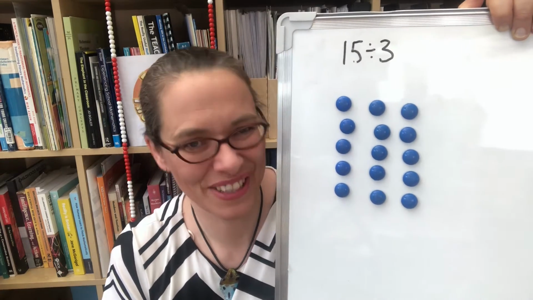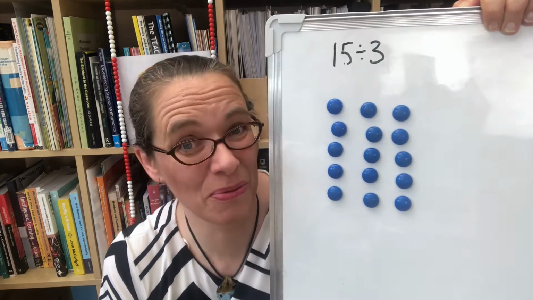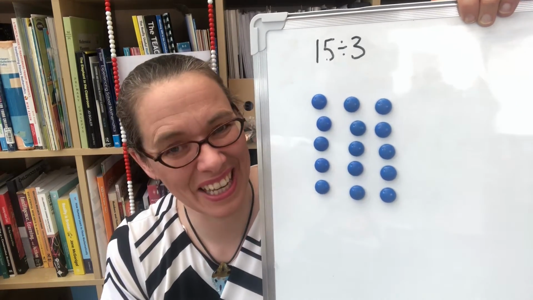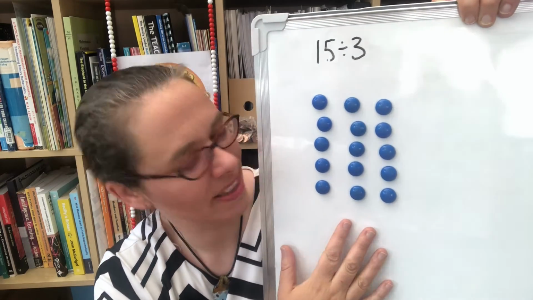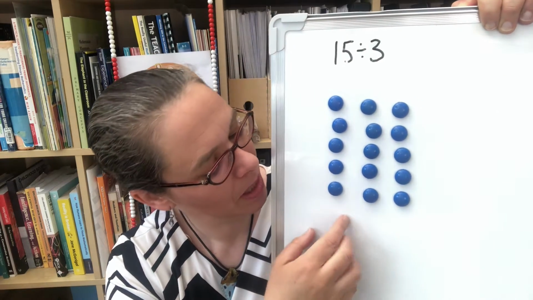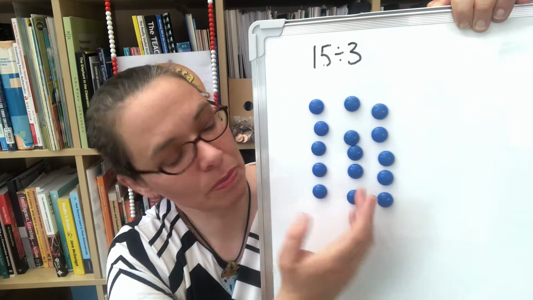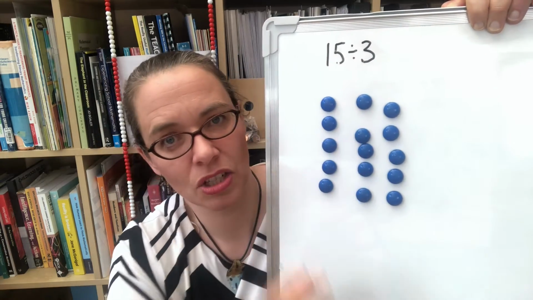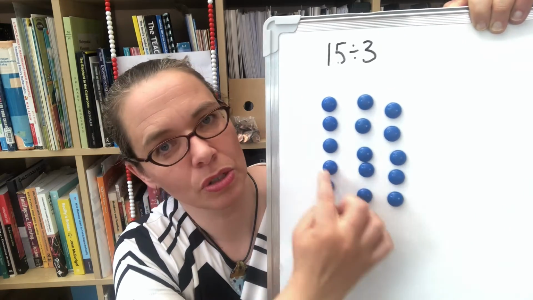And as is often the case in maths, the best mathematicians are the ones who are confused and are thinking slowly, because this particular way of organising objects in a rectangle shows both models at the same time. It shows the 15 counters split into 3 equal groups and that there are 5 counters in each group, and it also shows them in 5 groups of 3.